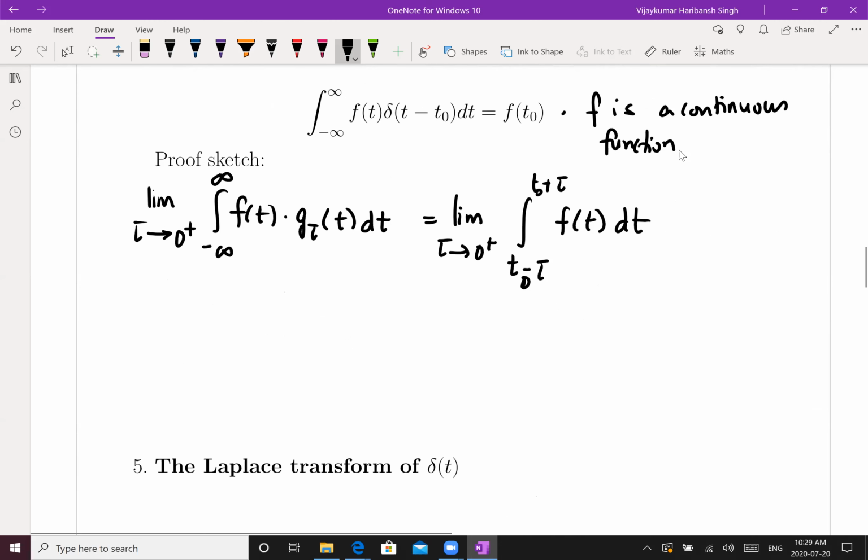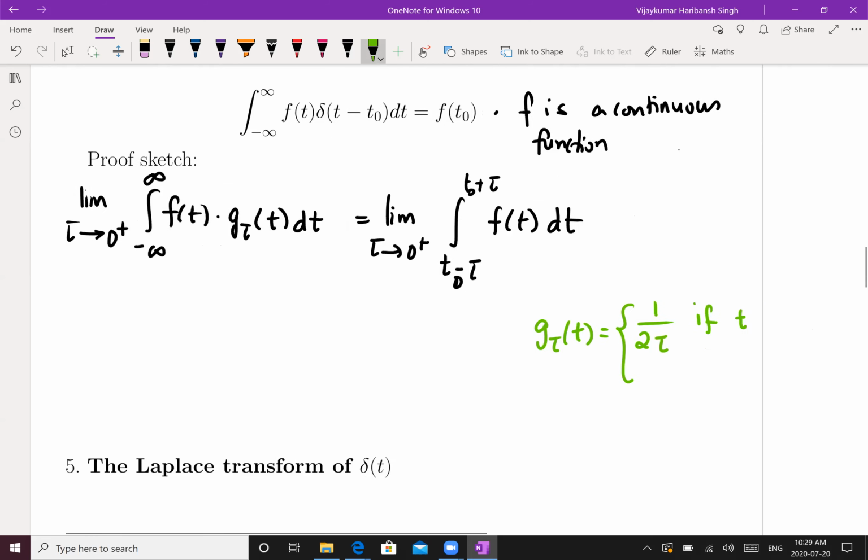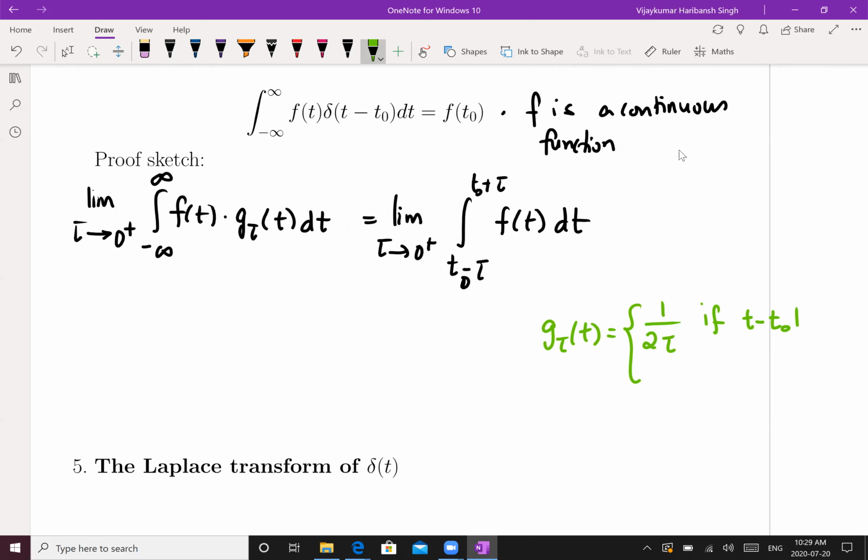Now note that g tau of t is basically 1 upon 2 tau if you are in the neighborhood of t naught. That means if the absolute value of t minus t naught is less than tau, you can also have less than or equal to, that's fine, or 0 otherwise. So this is the definition of your g tau, right? Because it's centered at t naught. Okay. So what do we get out of this?